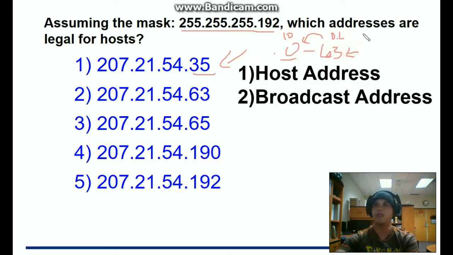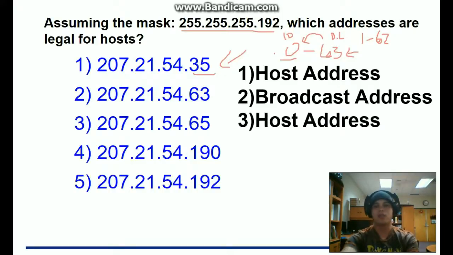You could use anything basically from 1 to 62, at least in this range. So let's move on. .65, is that an available host address? Yes, it is. Because we're rotating by 64, 65 is the first available host address.